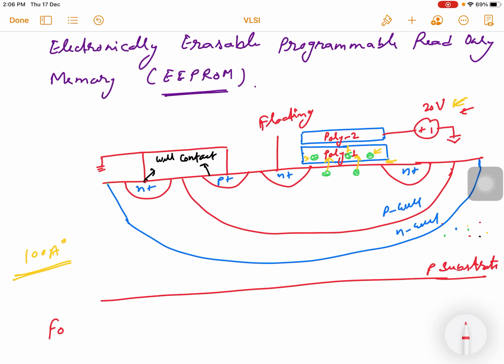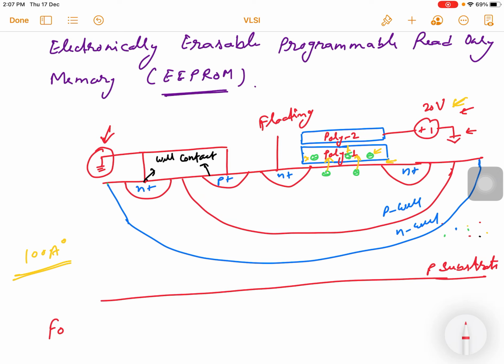For reversing, you have to connect high voltage here and this should be ground. So the reverse process will follow, meaning these electrons will move out from this polysilicon and come to the p well region.